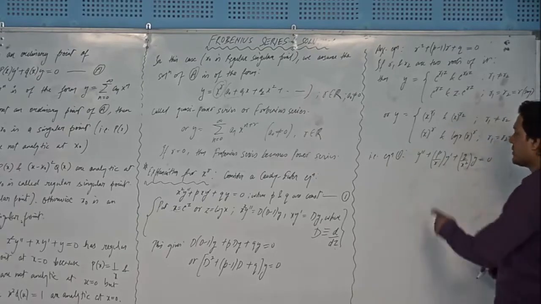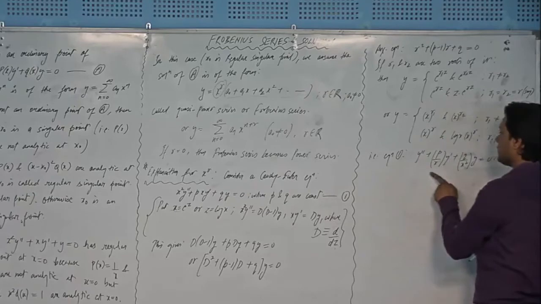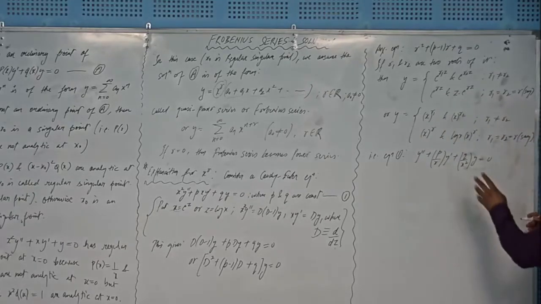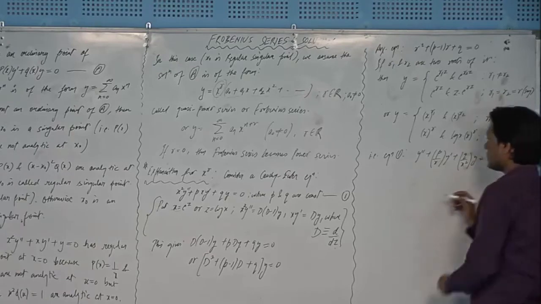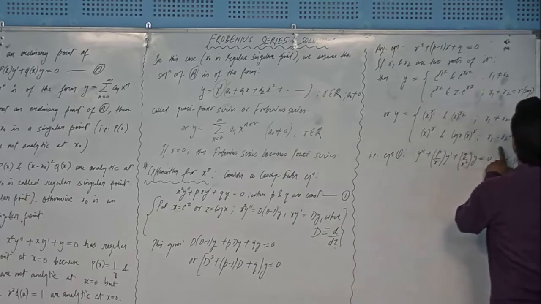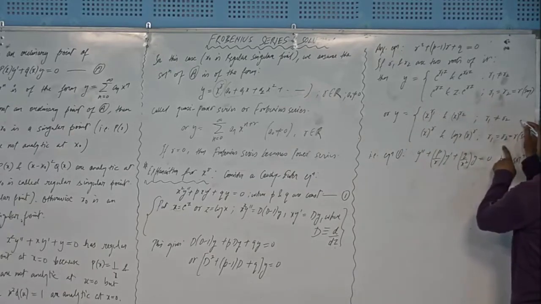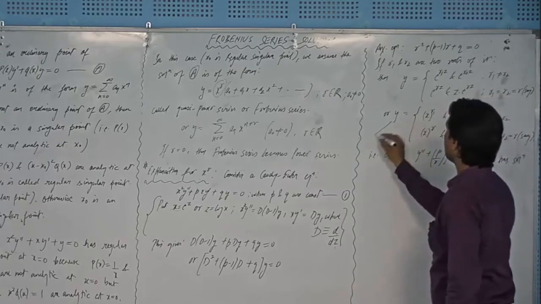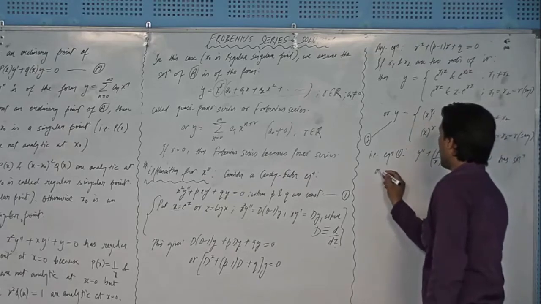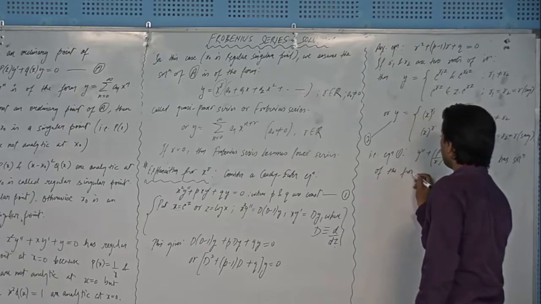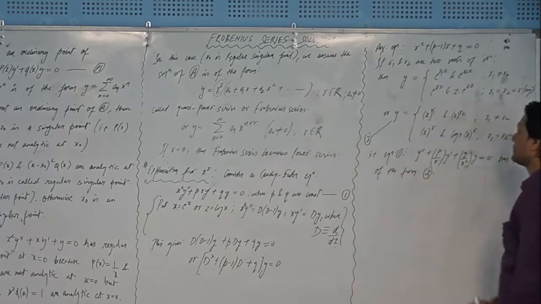I have just rewritten equation number 1. You can see that I just divided it by x square, right? That is equation number 1. It has a solution, let it be equation number 2, this whole thing, this is 2. Second has a solution of the form second, right?